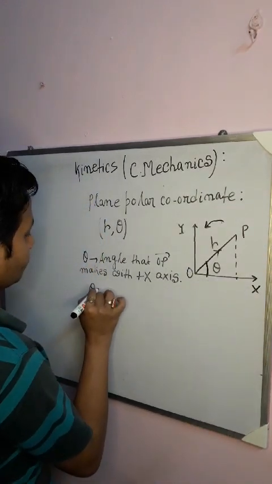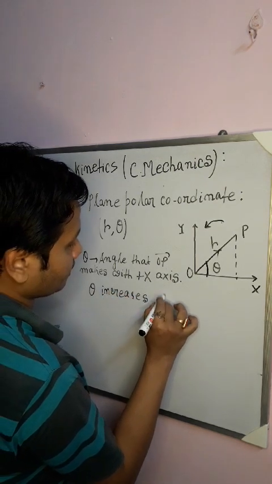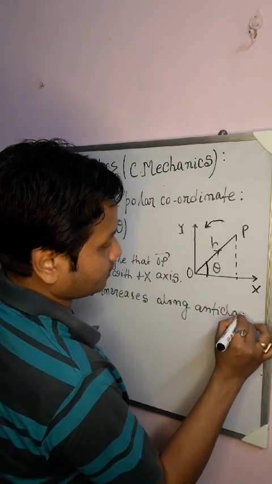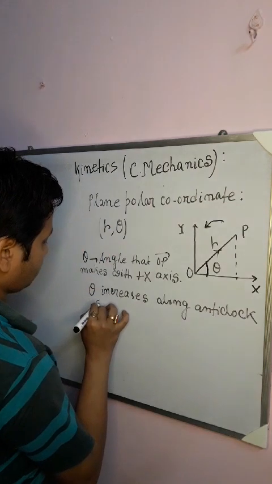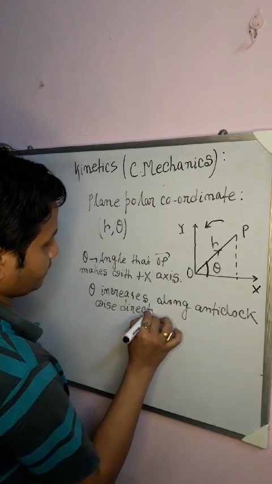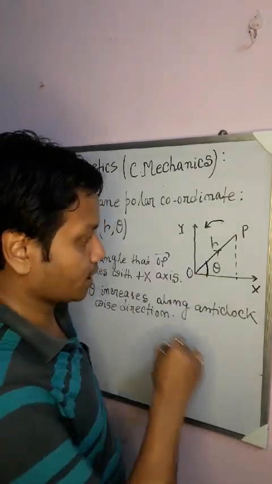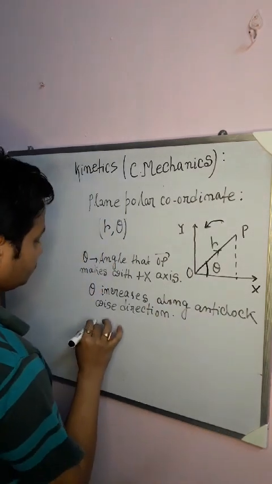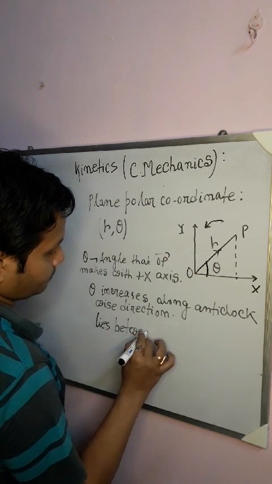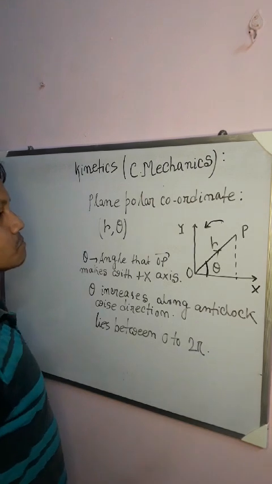So theta increases along the anti-clockwise direction, and it lies between 0 and 2 pi.